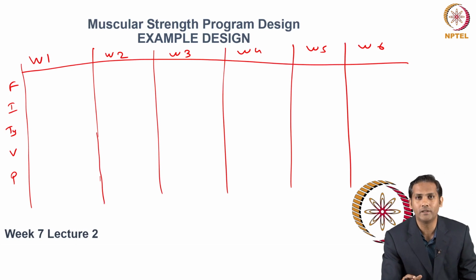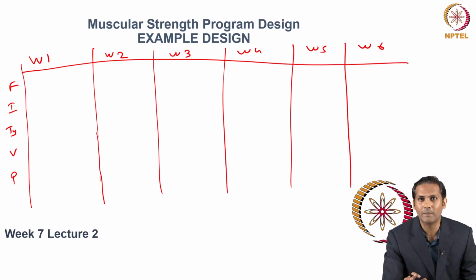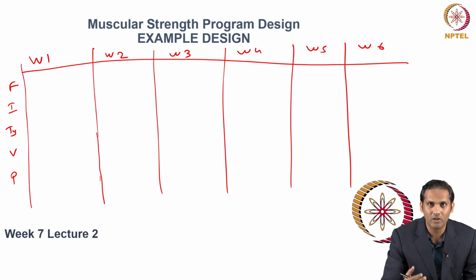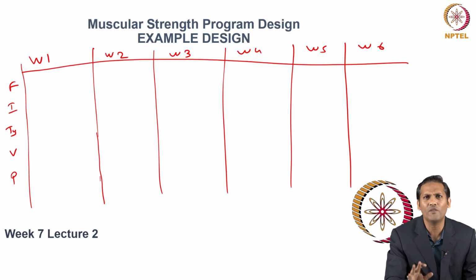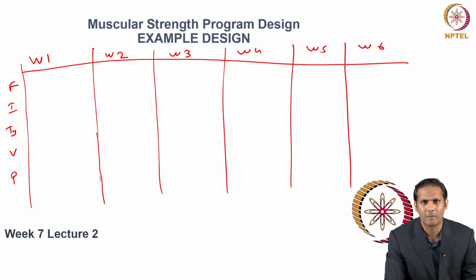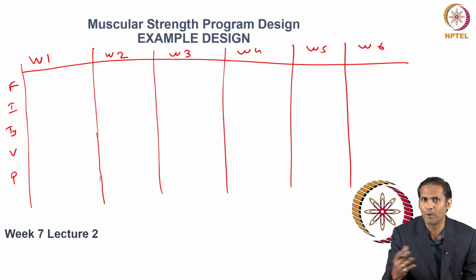I hope it is clear by now that program designing is not workout designing. Workout designing, which is normally considered as program design, is selection of exercise only. Nowhere in this lecture have I mentioned what kind of exercise you should be doing, upper body or lower body, push or pull.